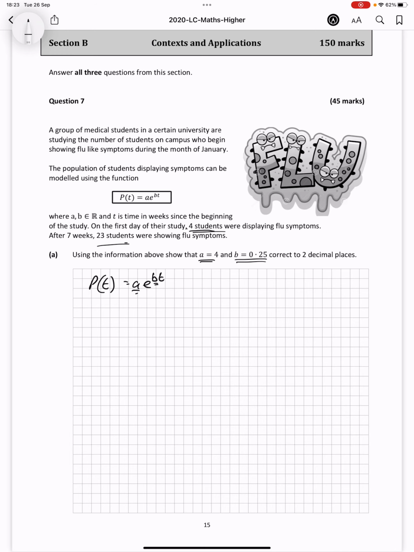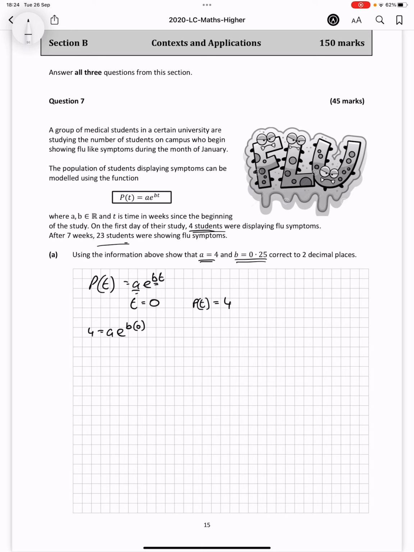Well, we know on the first day of the study, that's when t is equal to 0. So after 0 weeks of the study, just the first day, my P(t), or the amount of people, is equal to 4. So fill that in. So 4 is equal to A e to the power of bt, and we know t is 0.